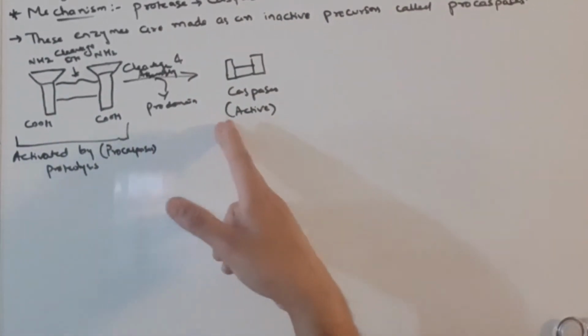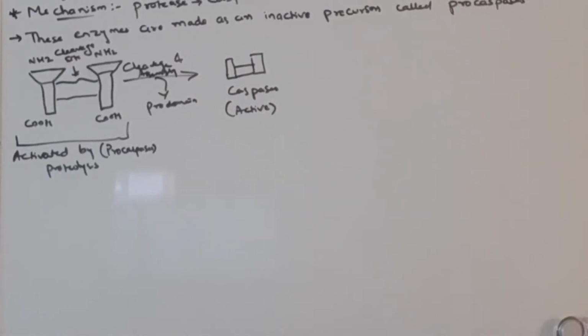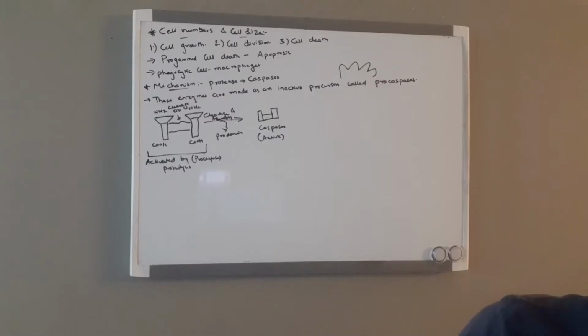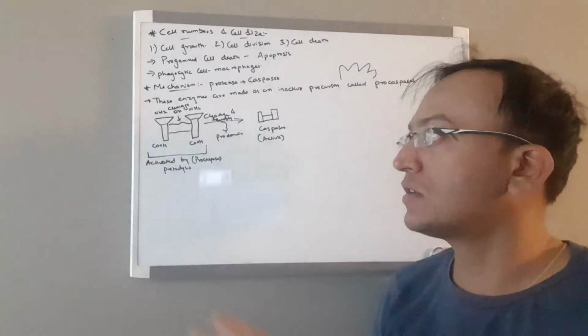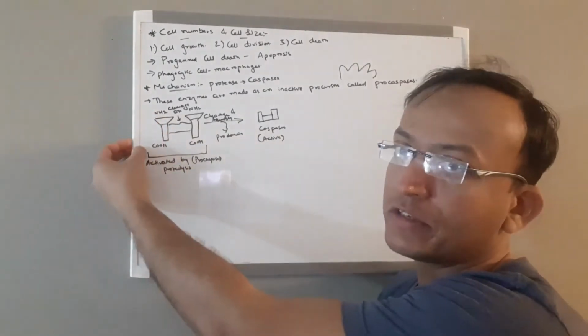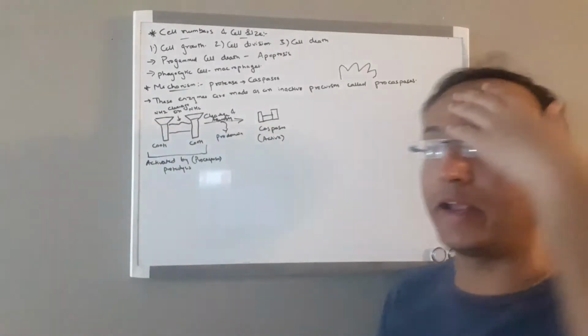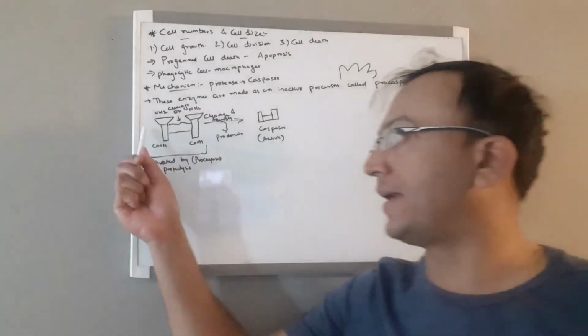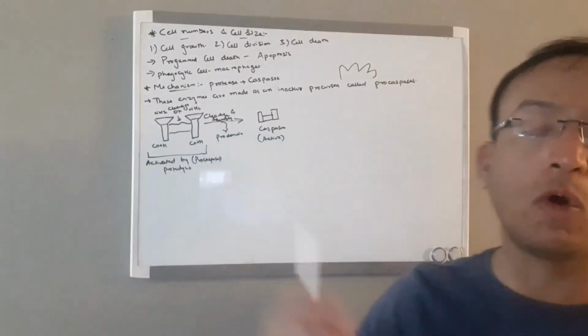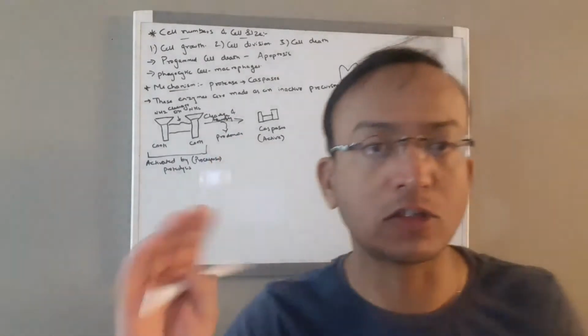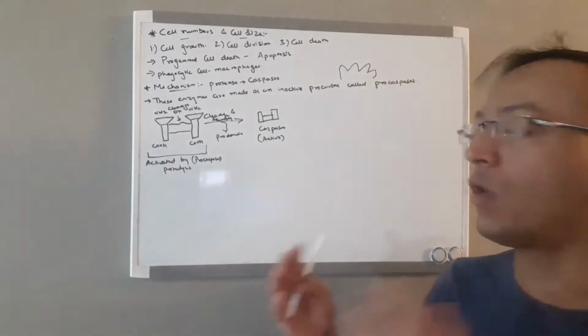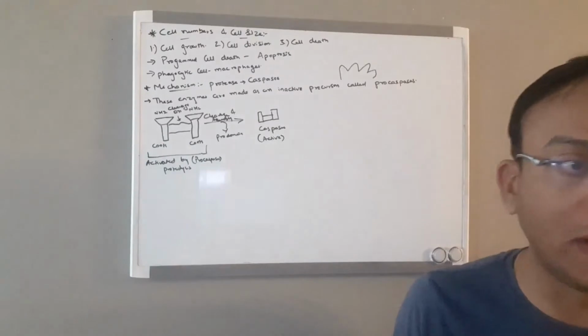And the prodomain. So what does the prodomain mean? In proteins, this is an N terminal and this is our carboxyl terminal. That's why I drew it like this, with the carboxylic acid and amino acid ends. So what do we mean by prodomain? I will explain. In proteins, there are usually pre and pro domains.